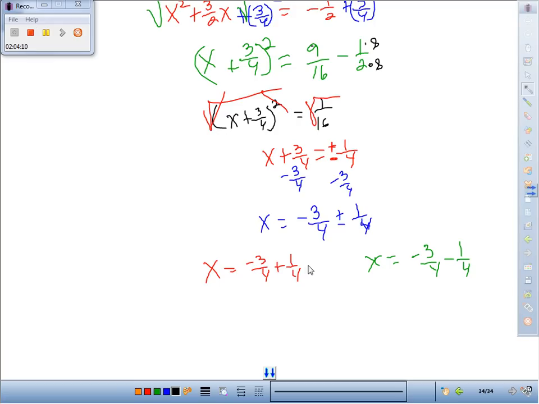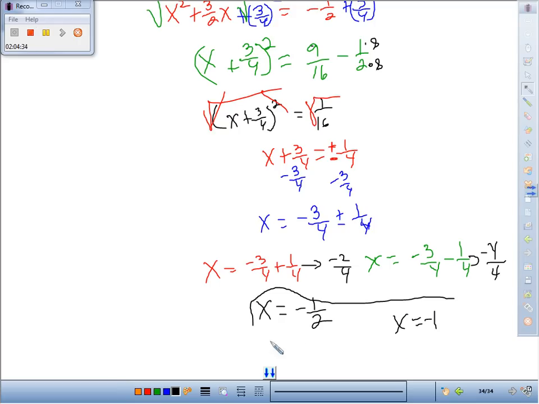So let's simplify. Negative 3 plus 1 is negative 2 over 4, which is negative 1/2. Negative 3 minus 1 is negative 4 over 4, which is negative 1. Roots.